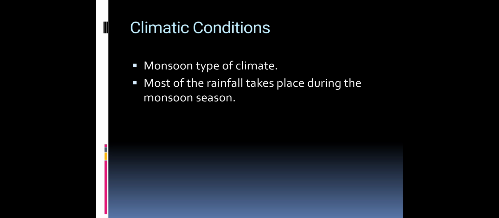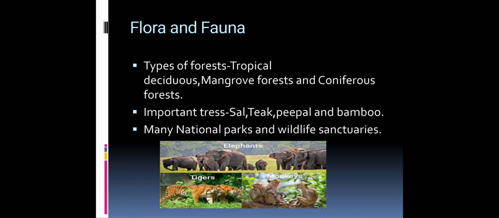Then coming to the flora and fauna of the Ganga Brahmaputra basin. See here, the forests in this region are mostly tropical deciduous. If we talk about the forest, you will find three types of forest here.